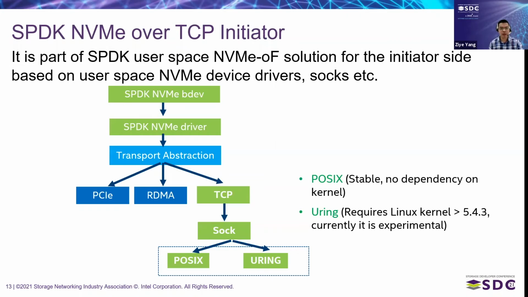Especially the uring implementation still uses the kernel TCP/IP stack, but it relies on the new io_uring feature in the Linux kernel, and there is a liburing library in user space, and it is async programming. It provides an async programming mode, and it can be used to efficiently use the kernel stack. And this is available in relatively new Linux kernels.